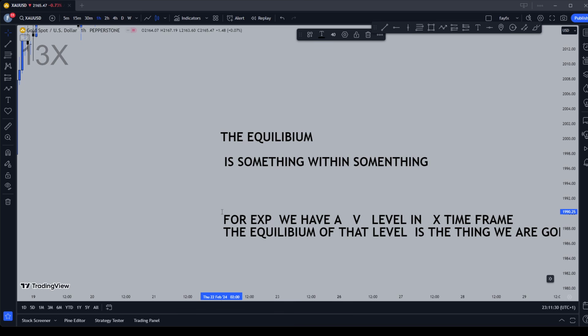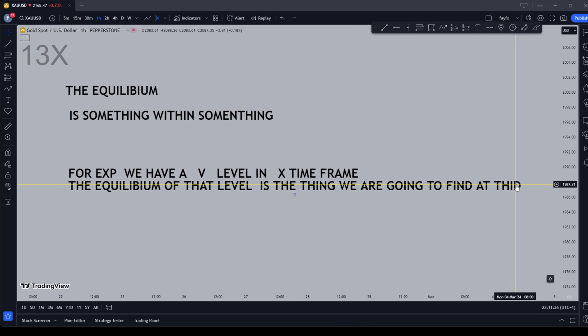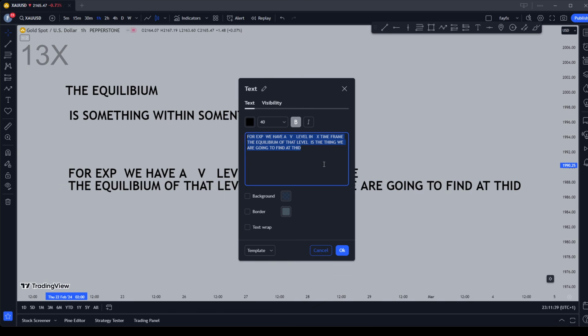What is it? We find this same level but in another way. So what's the meaning of that?